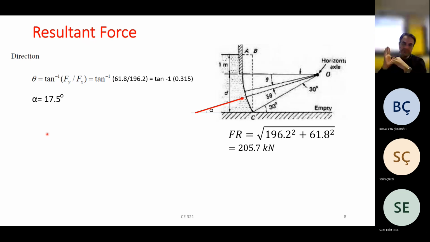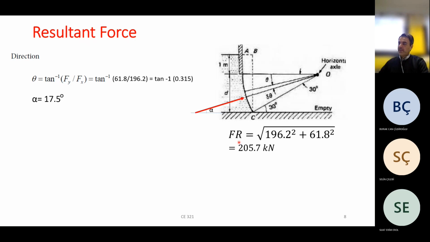Then the problem changes to calculating pressure force acting on a vertical plane surface, and you can find Fx. To calculate Fy, the vertical component, you need to find the volume of water above the curve. This volume can be imaginary or real water. After finding the volume, you multiply it by the gamma of the liquid, and it gives you the weight of the liquid above the curve. Now you have Fy and Fx. You can use this formula to find the resultant force.